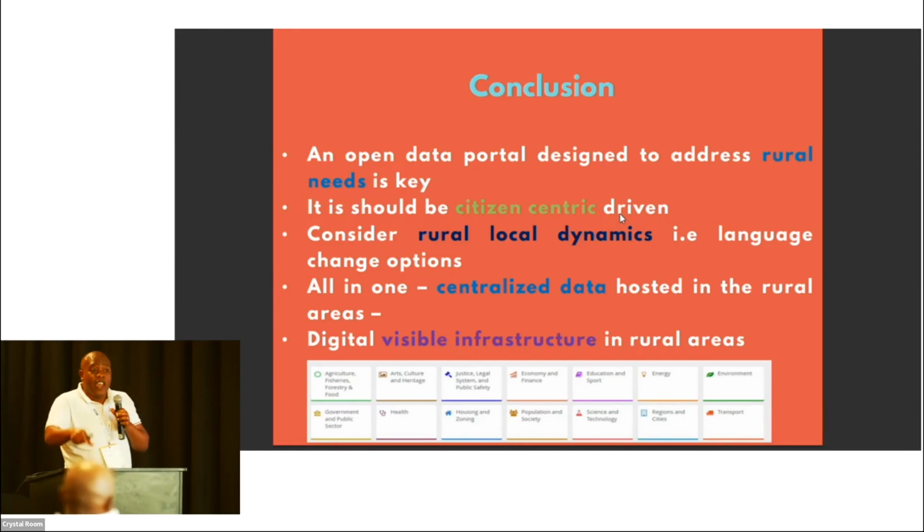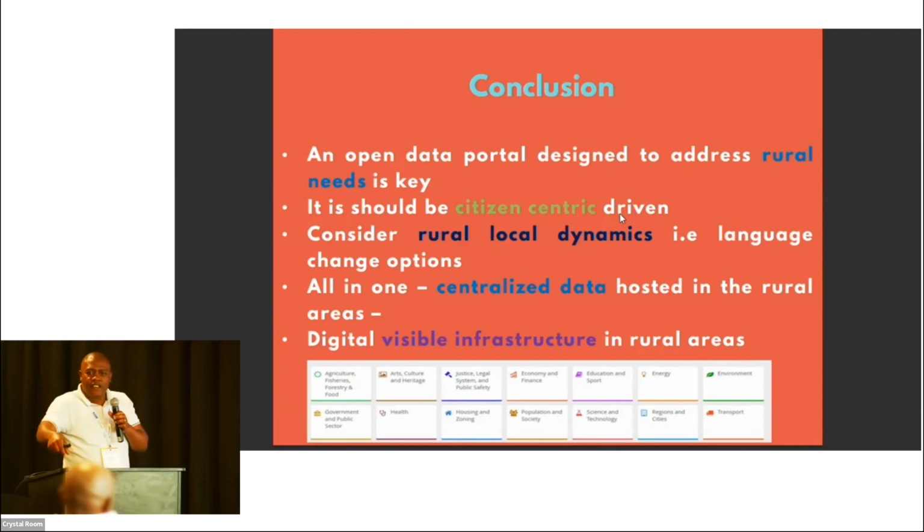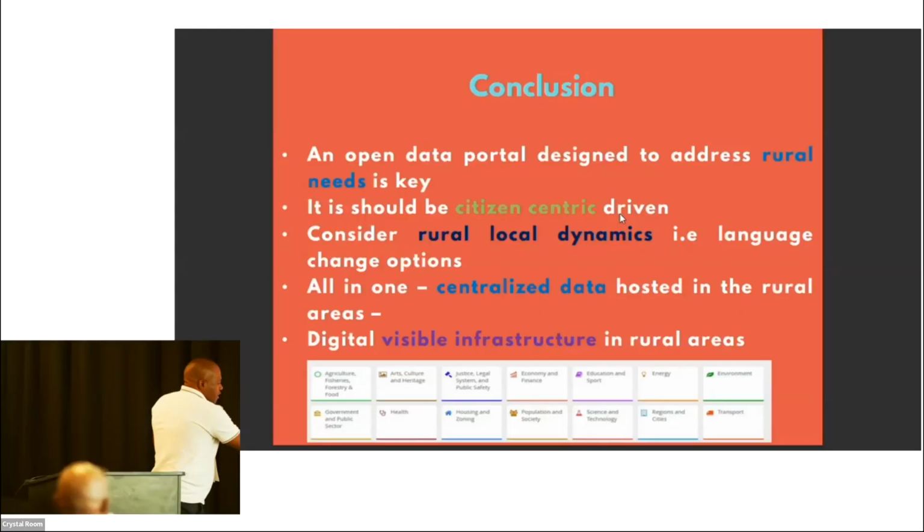They want to see the infrastructure. So if we want these open data portals to work for their services, let's go and develop those areas and establish open data centers, one-stop centers which cater for all the different services which the people in the rural areas would want.